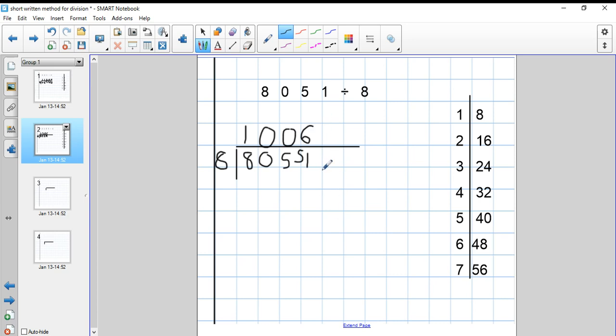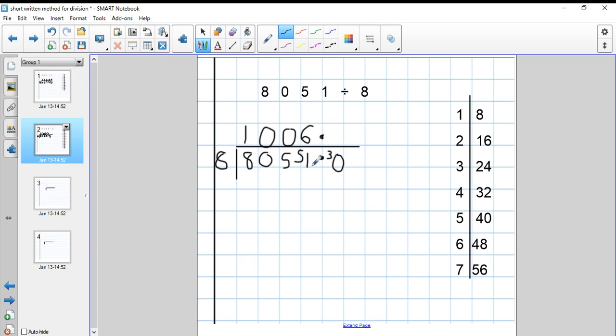Now, before I put my remainder down, I need to remember what to put here to show that I'm moving past my ones column and into the tenths, into the decimal places. So to mark my decimal places, I need to put a decimal point here. So now I can bring my remainder of 3 over to the tenths column, and next to it I put a placeholder 0.